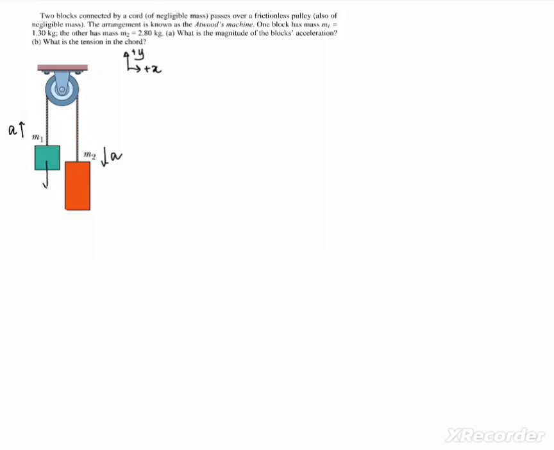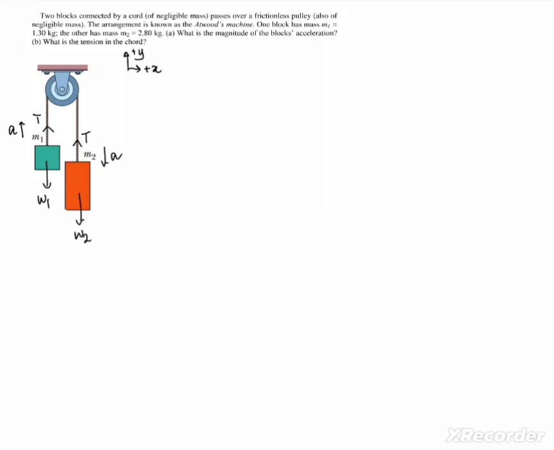For M1, we have W1 down, and the tension is always away from the object, so here it is T. For M2, we have W2 down and tension away from the object, moving up like that. Since these blocks are not on a surface, we don't have a normal force for either of them.